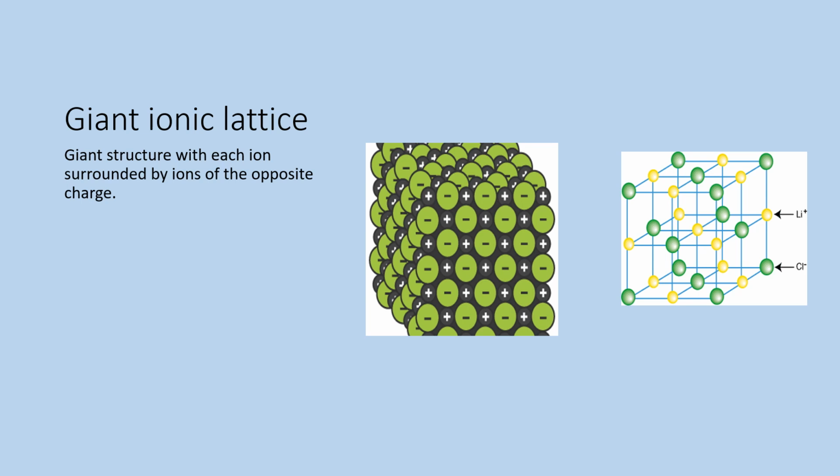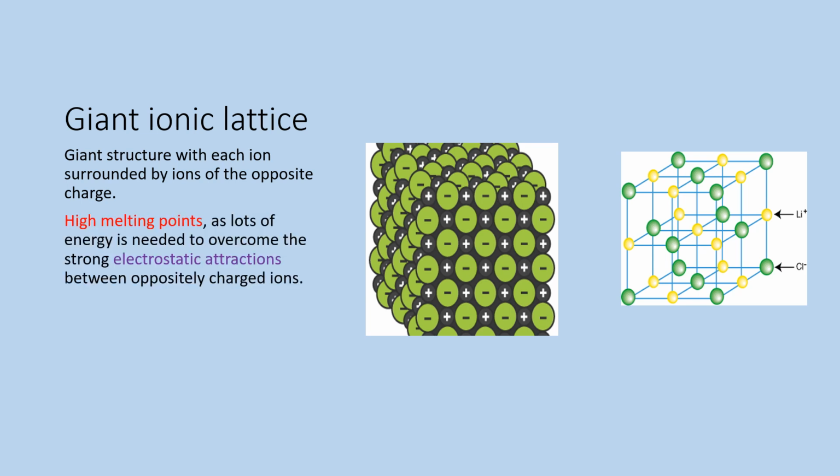So for each positive ion, you have a negative ion next to it. Because they are held together quite strongly with electrostatic forces, they have a high melting point, which means you need to put in a lot of energy to break those bonds.